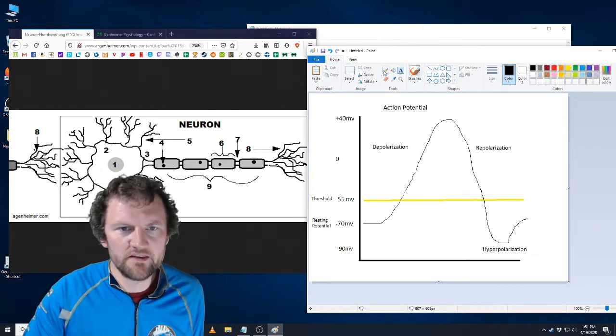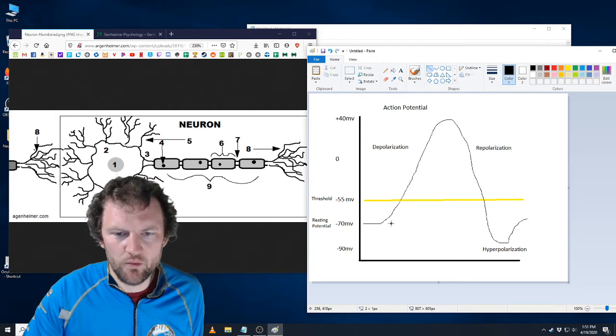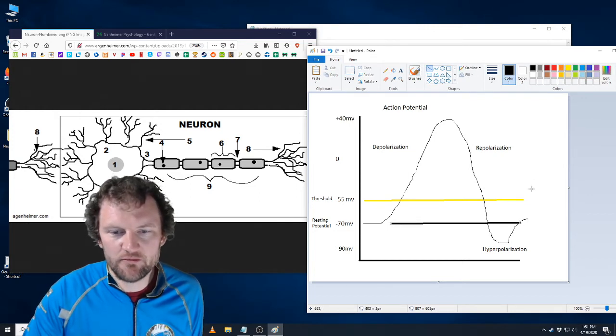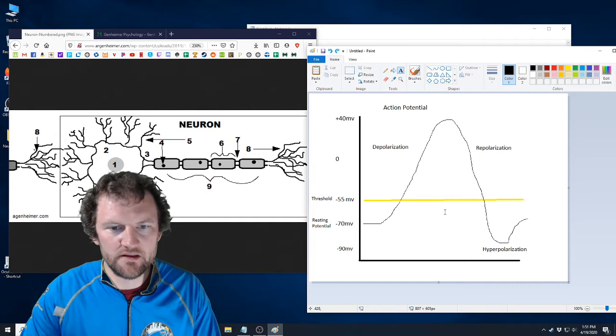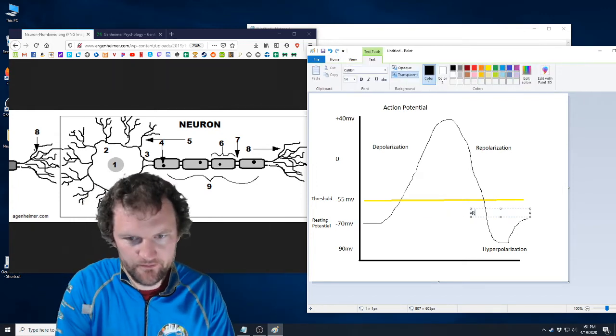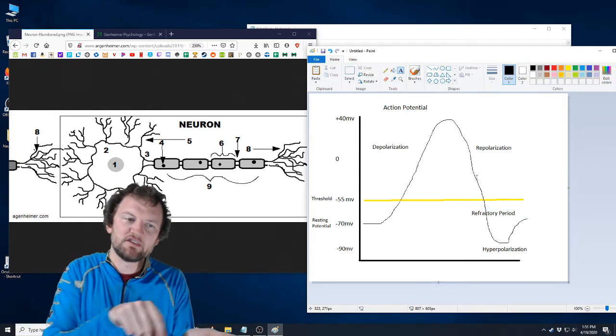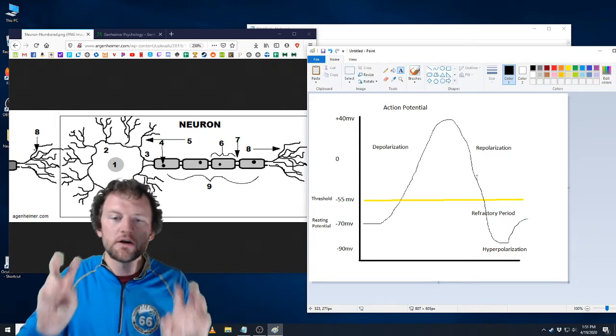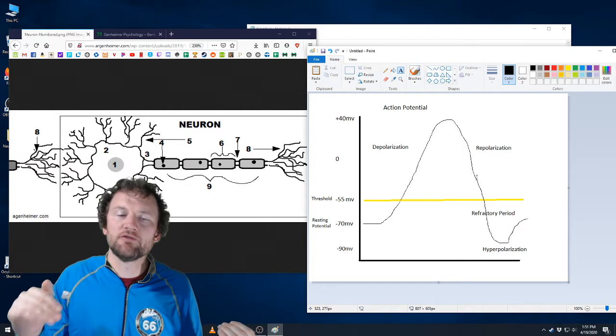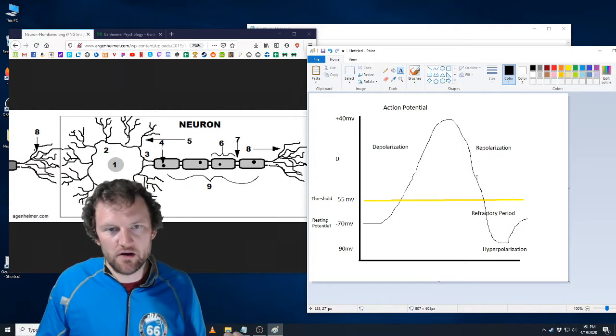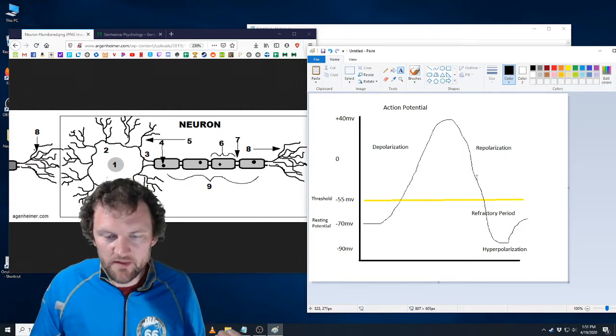And then this whole time period before it gets back to the resting potential is called the refractory period, which is, it has to completely recharge back to negative 70 before it can send a new message across. And that is the electrical process.